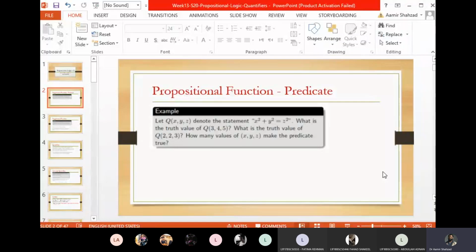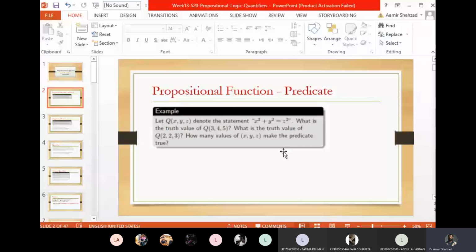So कोई भी ऐसी statement जिसमें we have to give some input and then we get an output as true or false, इसको हम predicate कहते हैं या propositional function कहते हैं. For example, let Q of x, y, z denote the statement x square plus y square is equal to z square.